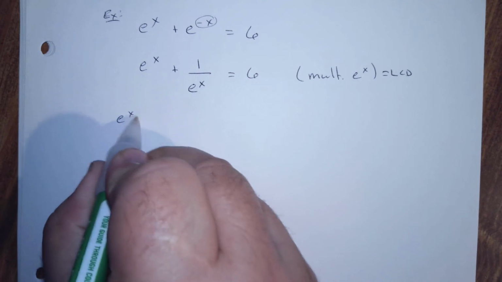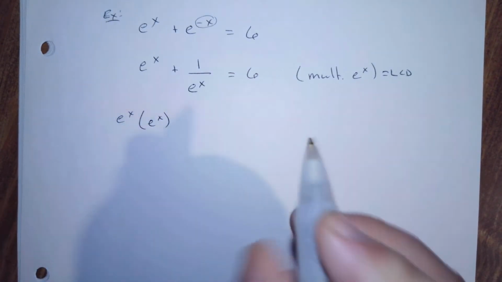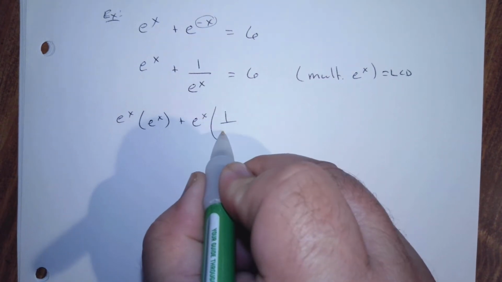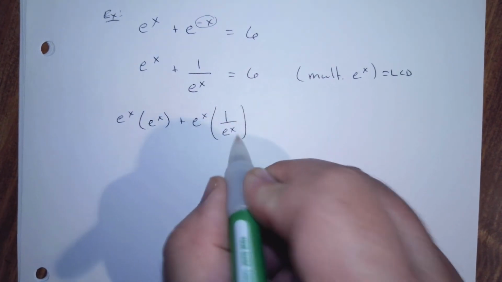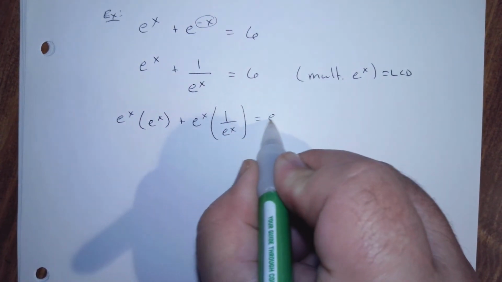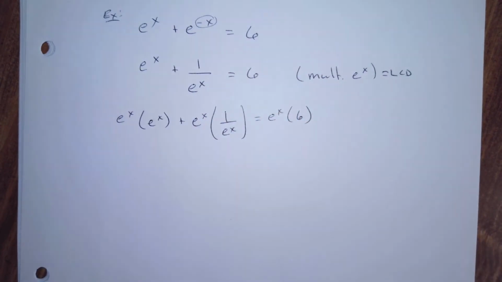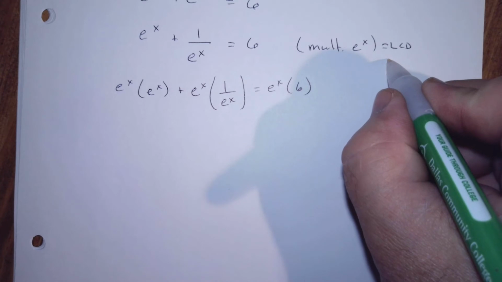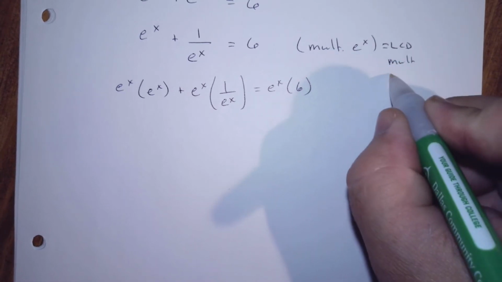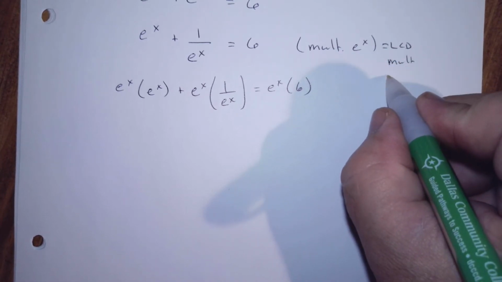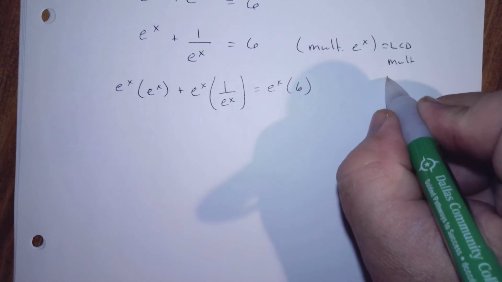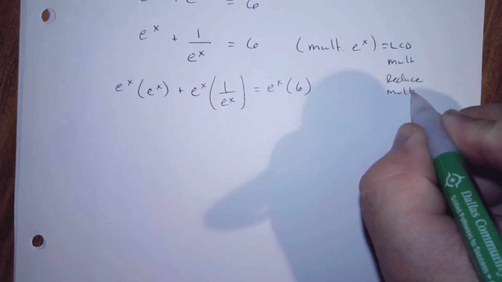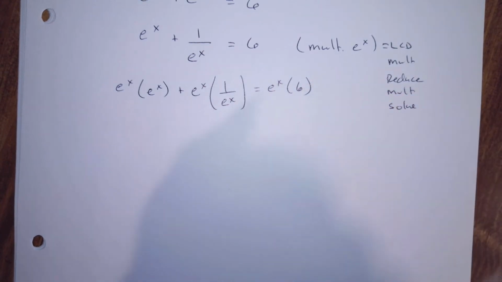So we have e to the x times e to the x, e to the x times 1 over e to the x equals e to the x times 6. So first find the LCD, we multiply, then we reduce, then we multiply again, get rid of the parentheses, and then we solve.